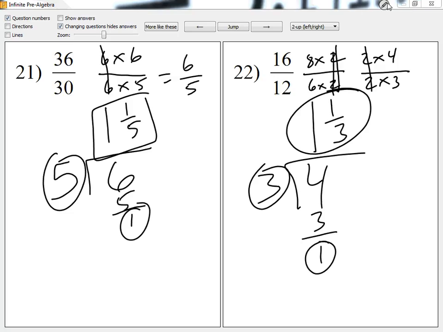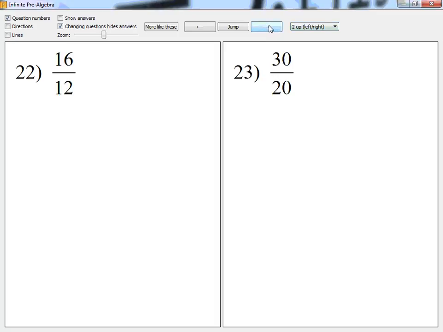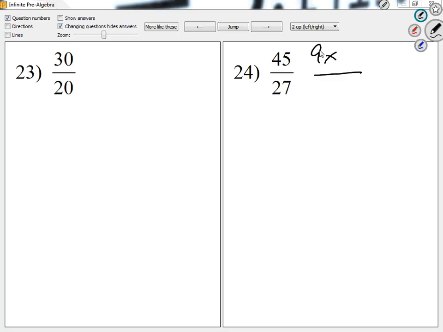Let me take a look at one more example. Let's take a look at 24. Give me two numbers that multiply equals 45. 9 times 5. What about 27? 9 times 3. Cancel out my 9s, so we have 5 over 3. So let me go 5 divided by 3.